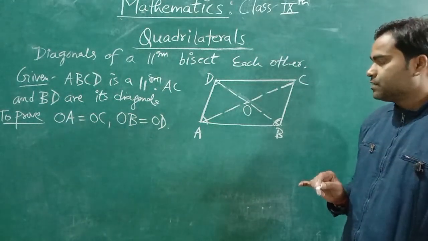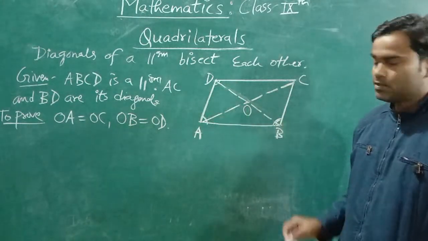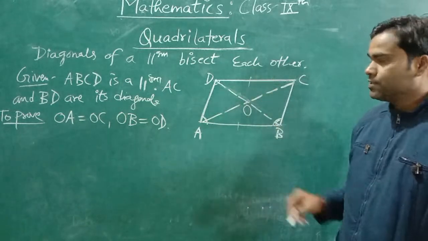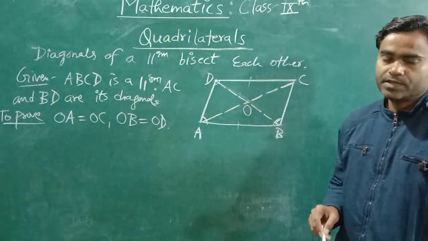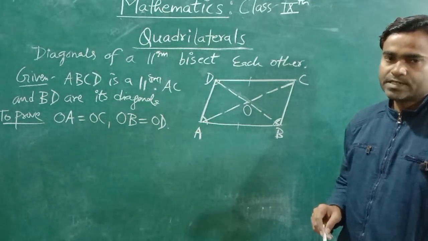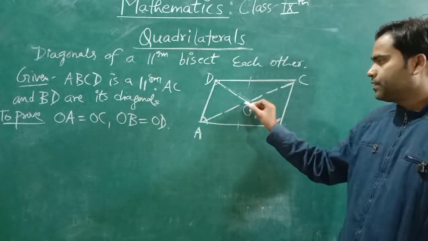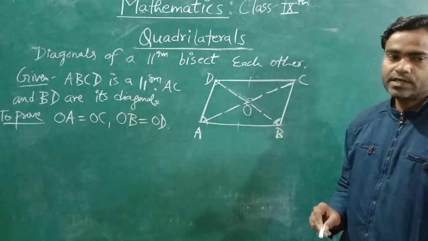And it is very easy to prove these two triangles congruent because AB is equal to CD, opposite sides of a parallelogram are equal, and angle AOB is equal to angle COD, vertically opposite angles.